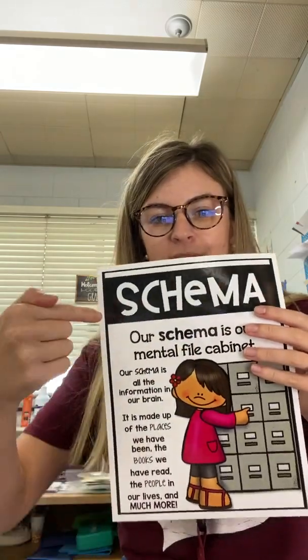It is made up of the places we've been, the books we have read, and the people in our lives, and much more. So it's just a whole cabinet up in your brain full of good stuff that has happened to you and you remember. And that is schema. And we will use the schema, things you know, pictures, and the words to figure things out.